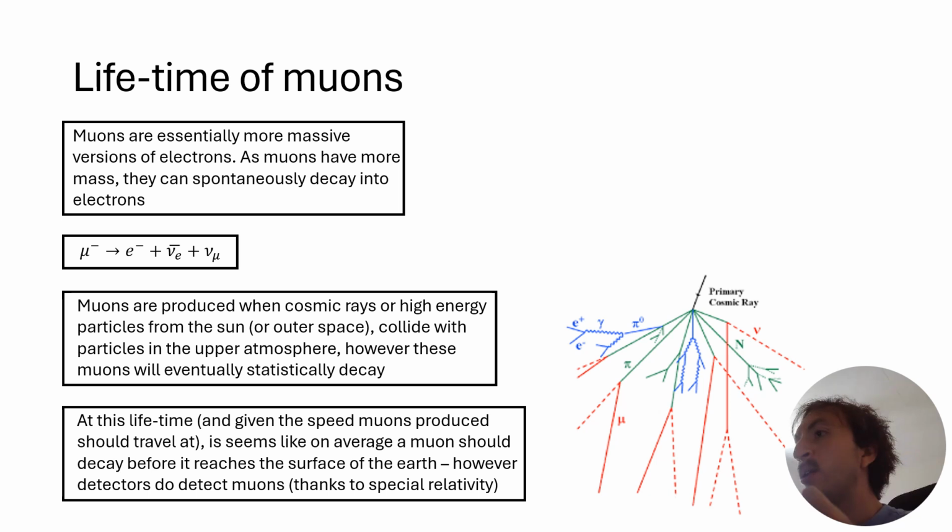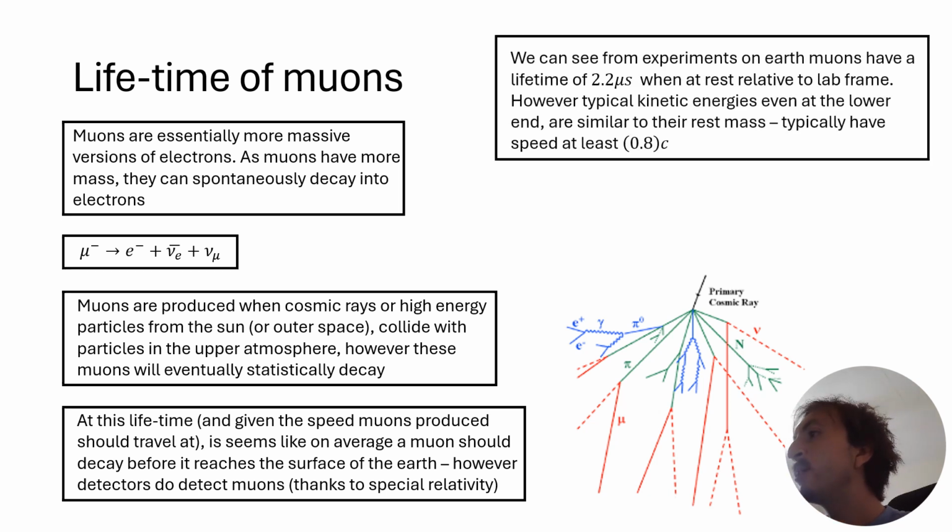But as I said, these pions don't live for very long. For our purposes, the main thing is the muons don't live for very long. They'll decay into electrons, and we can see how fast they decay. When at rest relative to us, we will observe the muon taking 2.2 microseconds to decay.